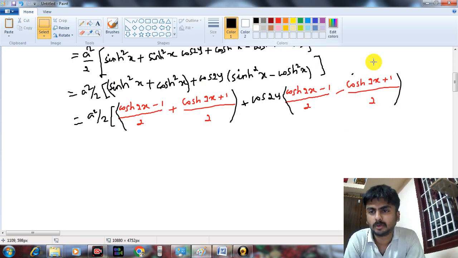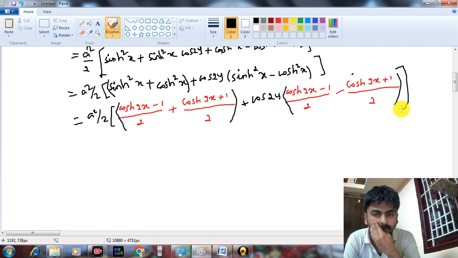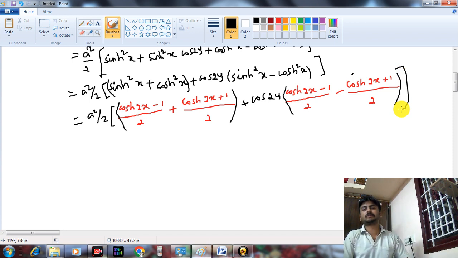So now we have expanded the above value. Sin h square x is expanded as cos h 2x minus 1 by 2. Cos h square x is cos h 2x plus 1 by 2.